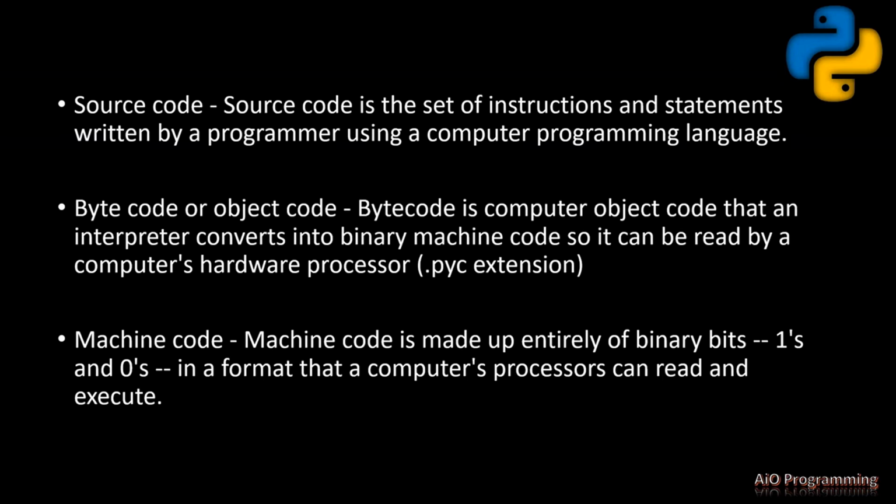So friends, source code is the code written by the programmer, then it is converted into bytecode using the compiler of the interpreter, and then this bytecode or object code is converted into machine code using the Python virtual machine, which we will learn next.